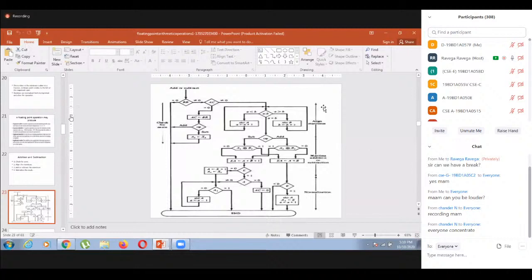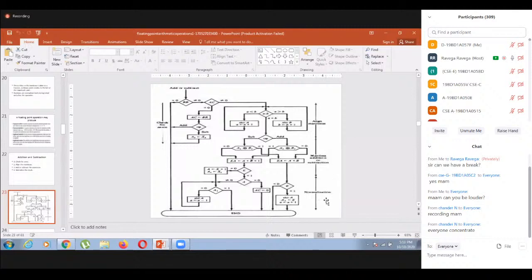The first part is alignment of the mantissas, based on the exponent value. After that, you perform the addition operations. Then you perform the normalization. How to perform the normalization?